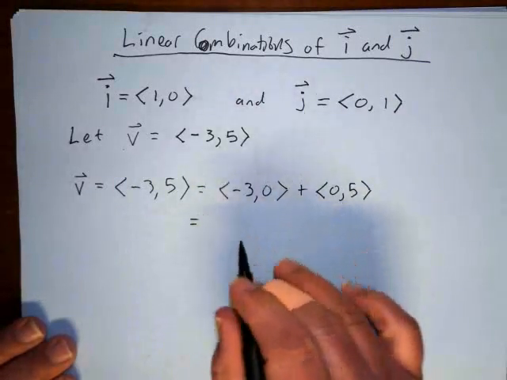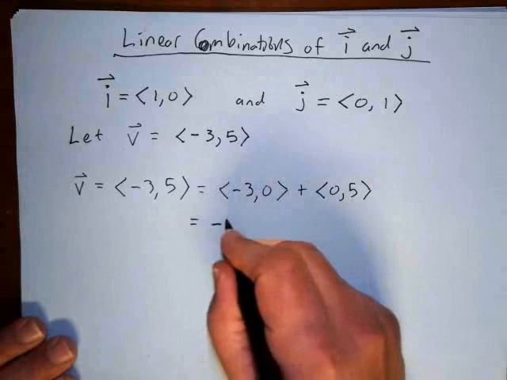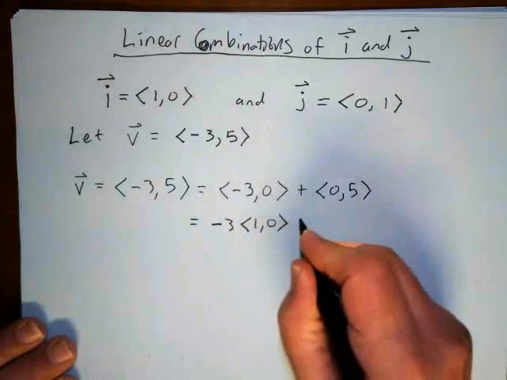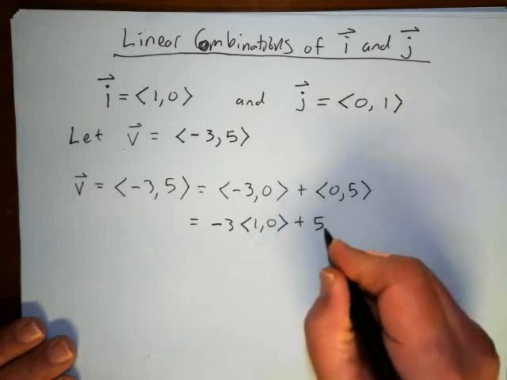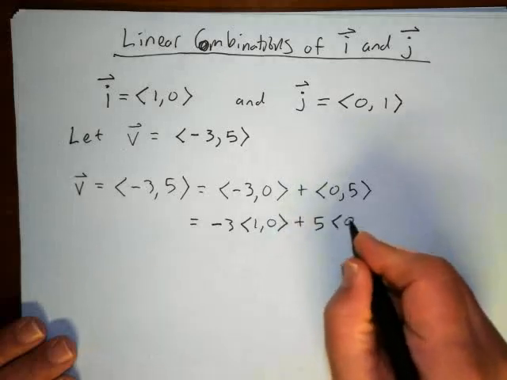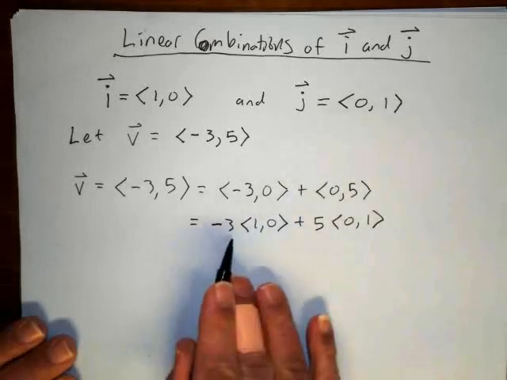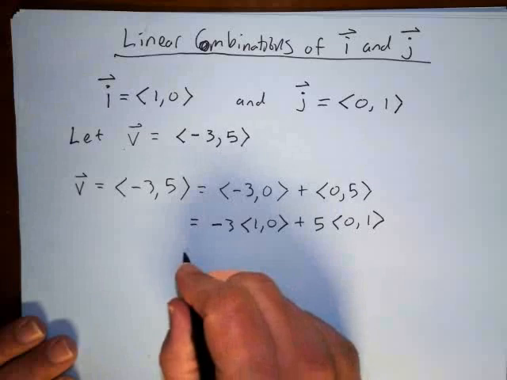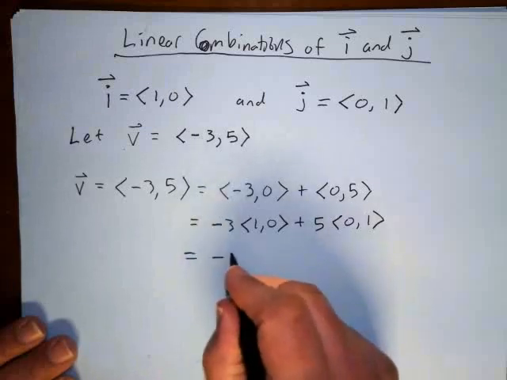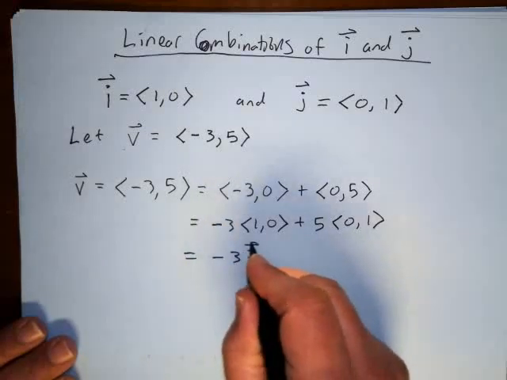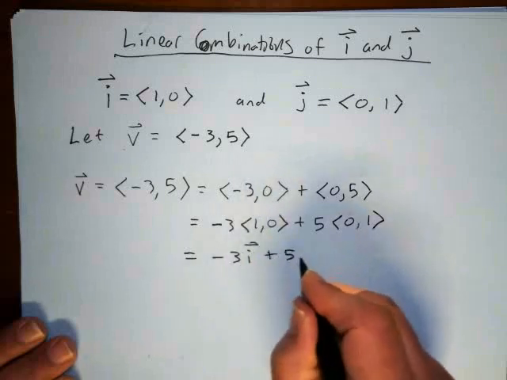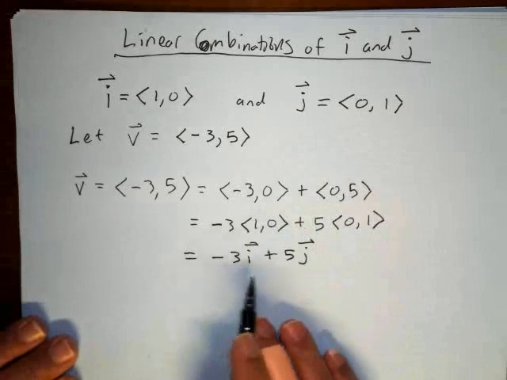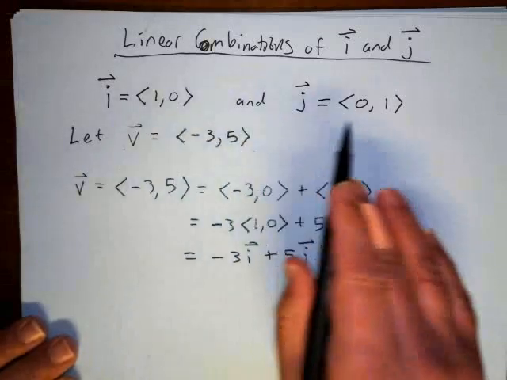Now I can factor out the scalar -3 here, and I would get 1, 0, and I would get 5 and 0, 1. And these here are i and j. So then I could rewrite this as -3i plus 5j. And this is called a linear combination of i and j.